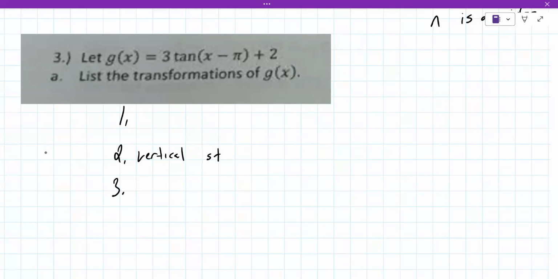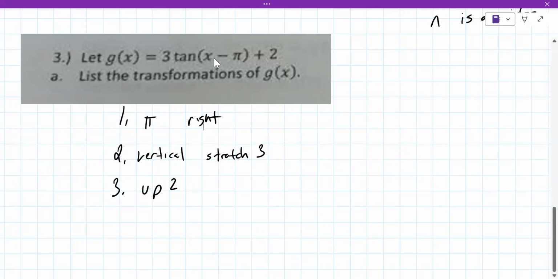That vertical is really important. We know that stretch. Go ahead. Up 2. Up 2. And so the last one is inside parentheses here. Is it pi left or pi right? Do you recall? Pi right. It is pi right. Okay, very good.